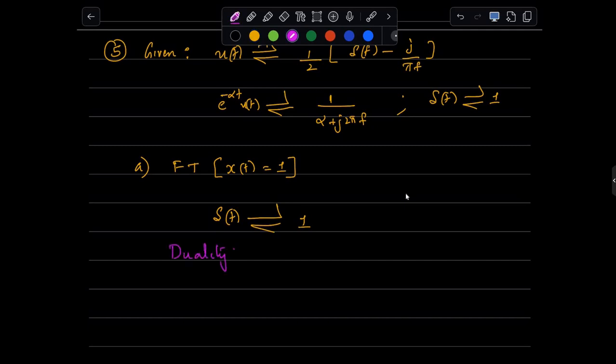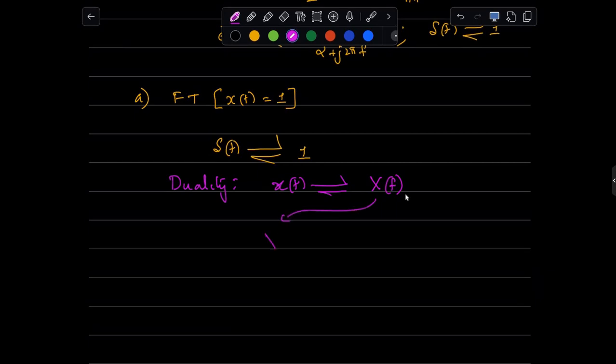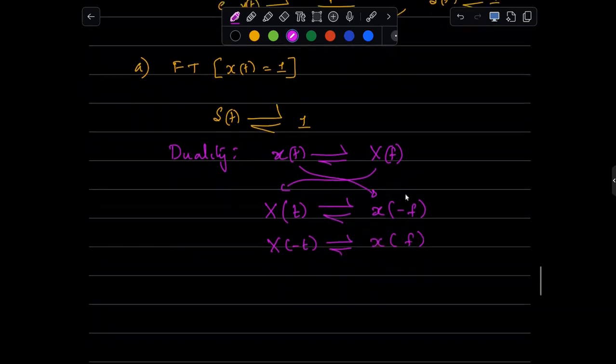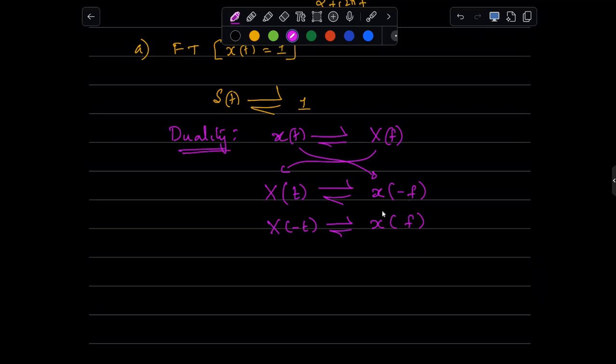By using the duality property, if x of t has the Fourier transform x of f, then you can replace t with minus f in the Fourier transform, or you can do it this way: x of minus t has the Fourier transform x of f. This is called the duality property of the Fourier transform.